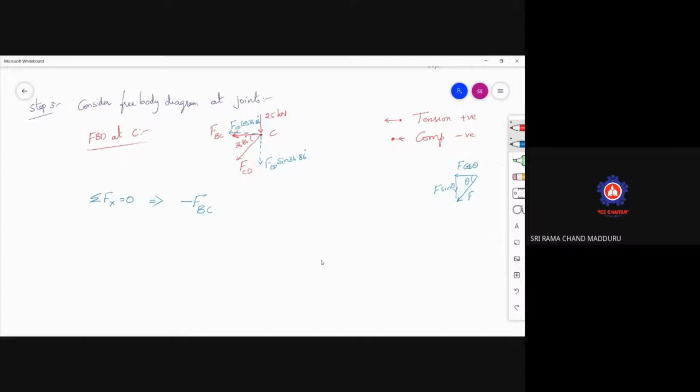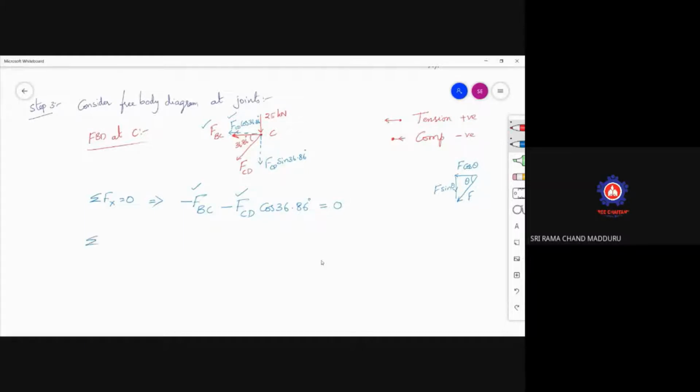Minus FBC minus FCD cos 36.86 degrees. Is there any other force along the x direction? Can anyone tell me how many forces are available along the x direction? FBC is there, FCD cos 36.86 degrees is there, which is equal to 0. I don't know the value of FBC or FCD, just keep it like that.